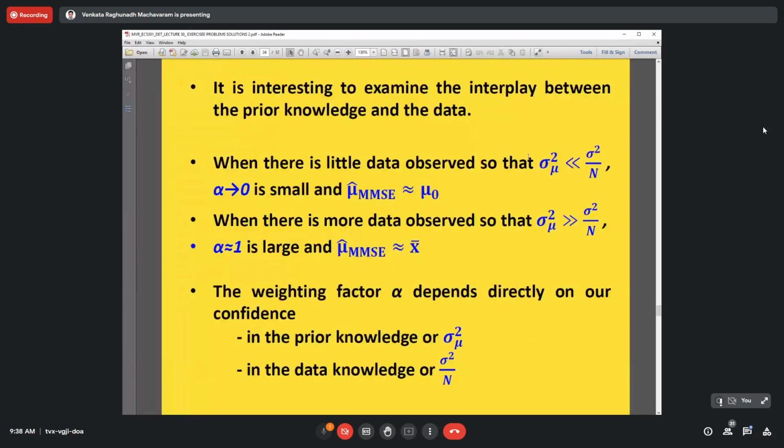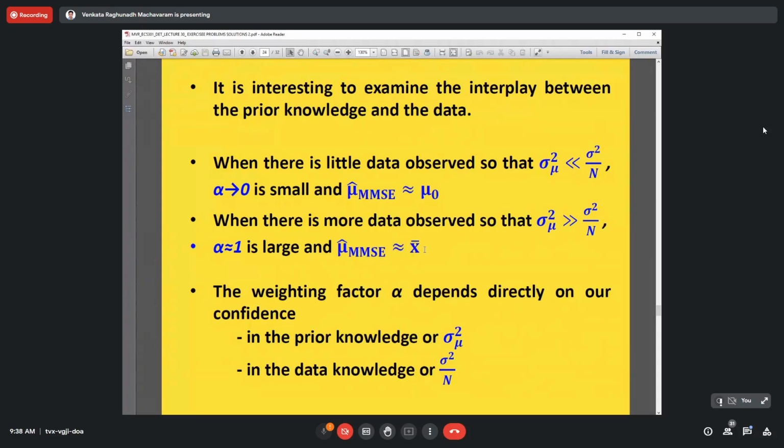Therefore, when little data is observed, sigma mu squared is smaller than sigma squared by n. Alpha is so small, therefore this converges to mu naught. But suppose more data is observed: sigma mu squared is now more than sigma squared by n, so this value is significant and alpha is also large. Therefore this is close to the sample average.